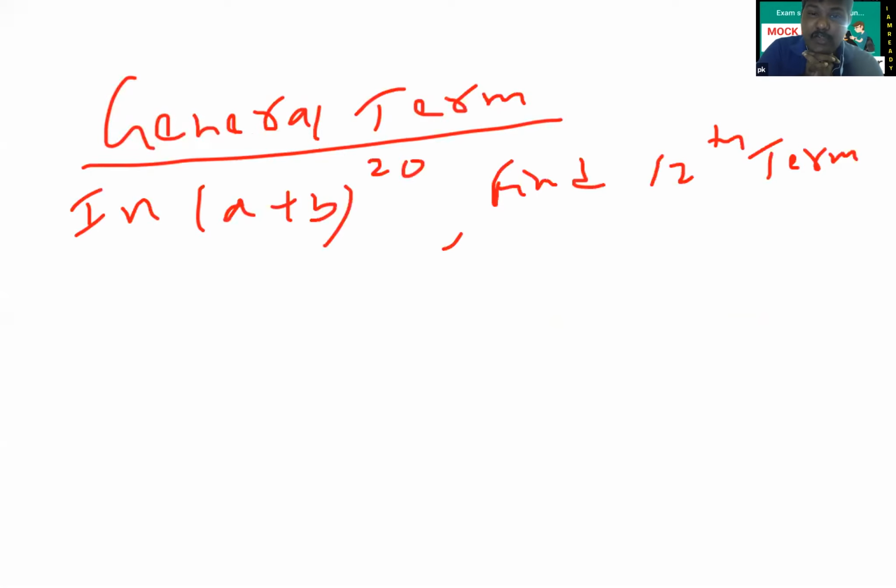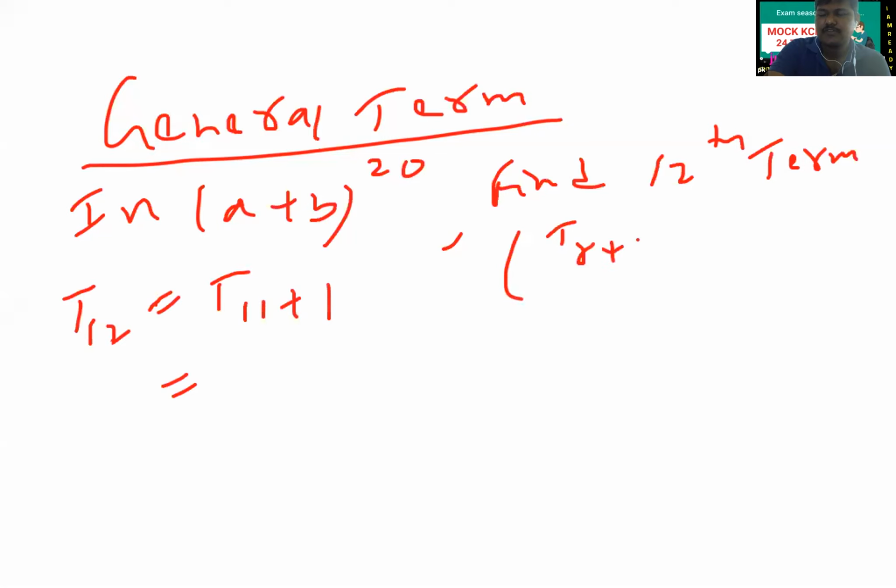If you expand, you will get 21 terms. Very big answer. Within 1 minute, we cannot solve this. We want T12, 12th term. So T12 I can write as T11 plus 1, my dear students. I given one formula, TR plus 1 is equal to NCR A power n minus R B power R, correct?